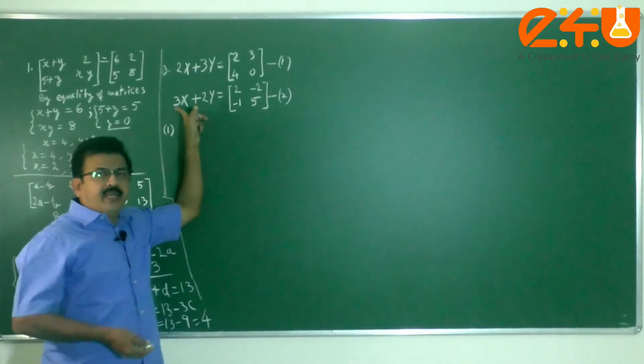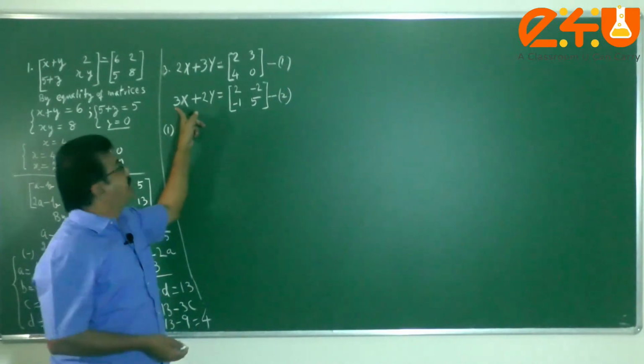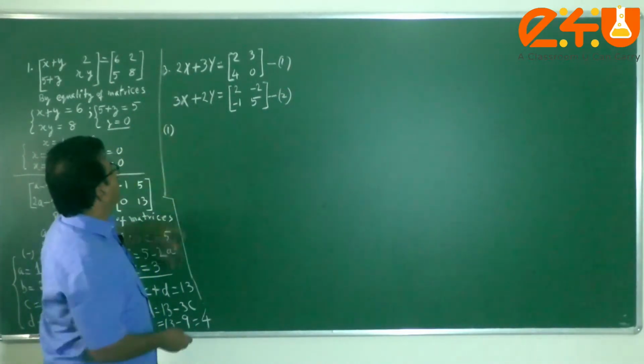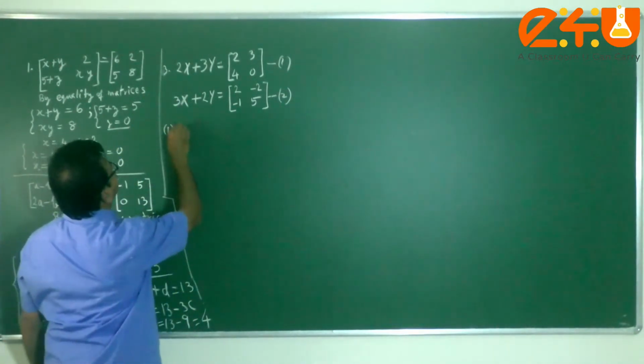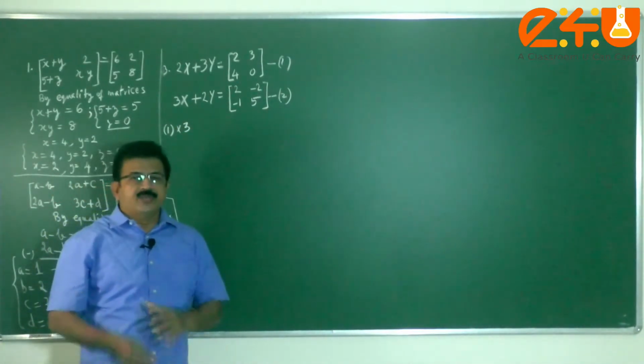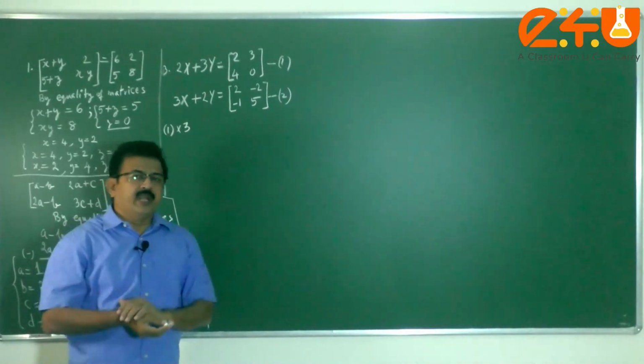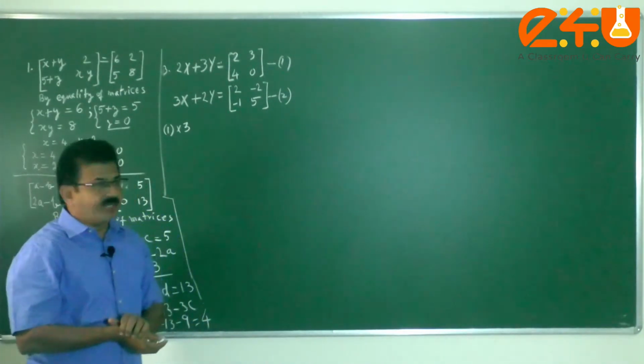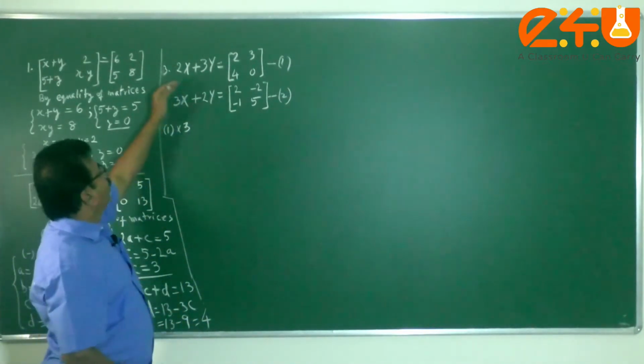I wish to eliminate X, the LCM is 6, so let me multiply by 3. As you would do in the case of an algebraic equation containing any variable expression, here also you would do it.